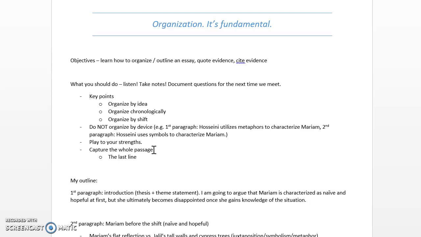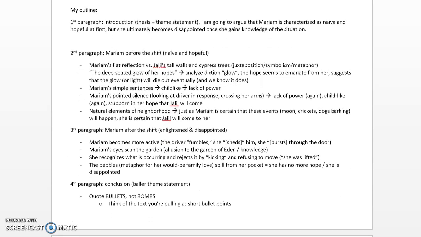As we talked about yesterday in class, they'll sometimes give you some context in the prompt, but they had to choose where to begin and end the passage, which means that the last line is a deliberate choice. And when you're reading the passage and thinking about what to write, you need to consider why that last line is there.